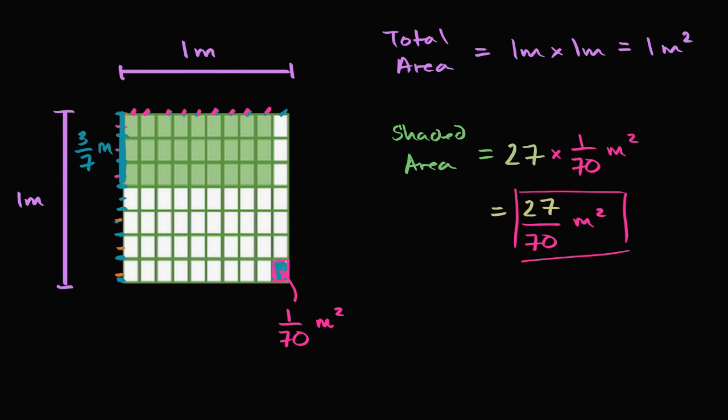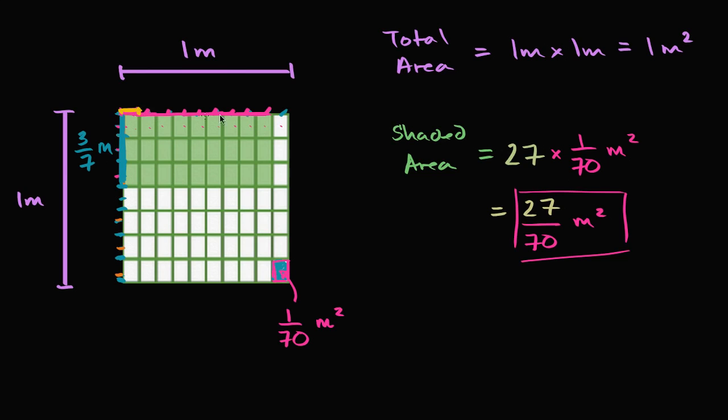Now, by that same logic, what is the width going to be? Well, we can see that the entire meter has been divided into 1, 2, 3, 4, 5, 6, 7, 8, 9, 10 equal sections. So going from here to here is going to be 1/10. So this distance right over here is going to be a tenth.